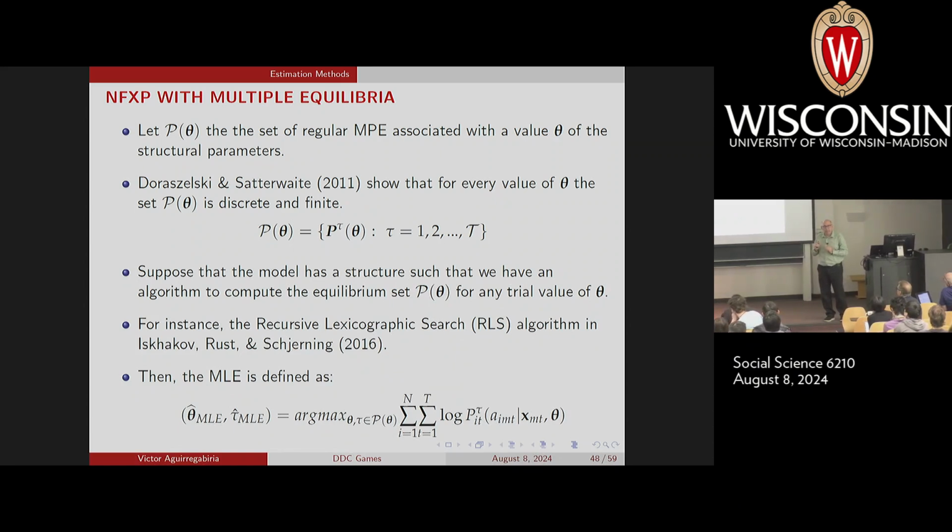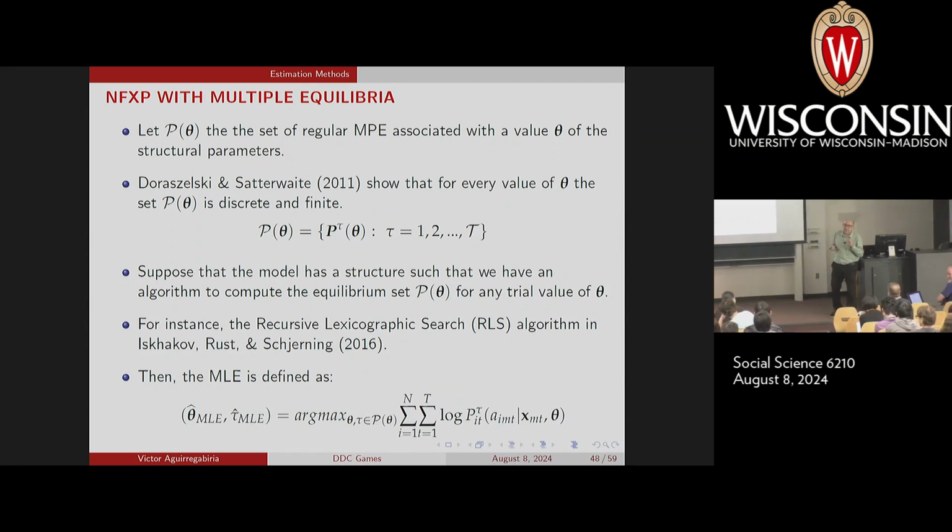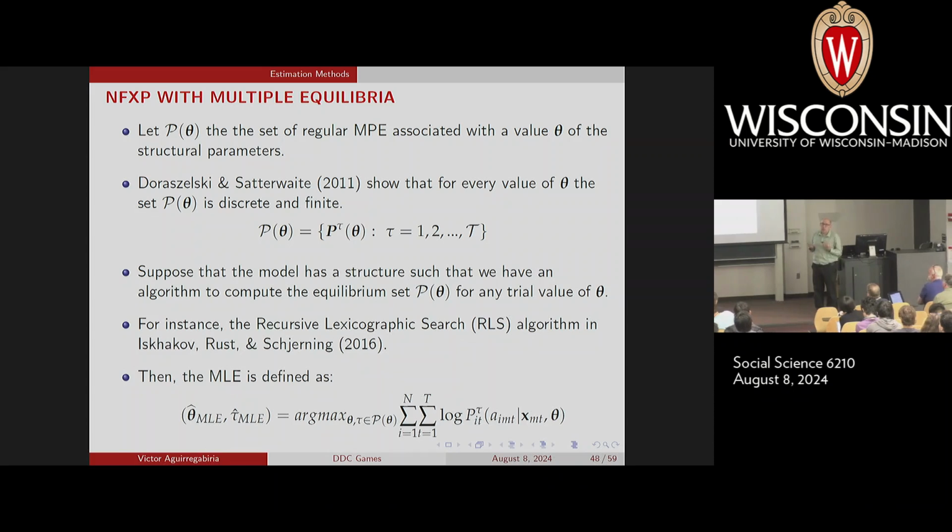Then what they saw is that these non-regular equilibria, there may be many. But the set of regular equilibria is always finite. And non-regular equilibria are a strange animal, and I think it is reasonable to focus on regular equilibria.